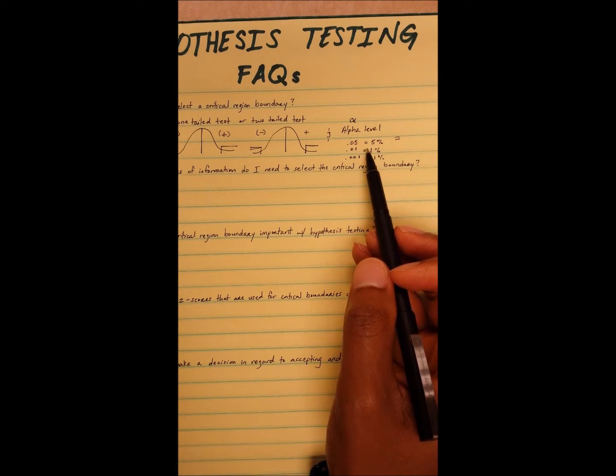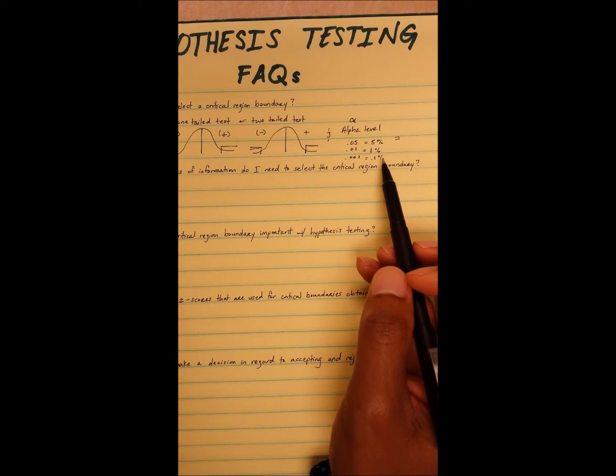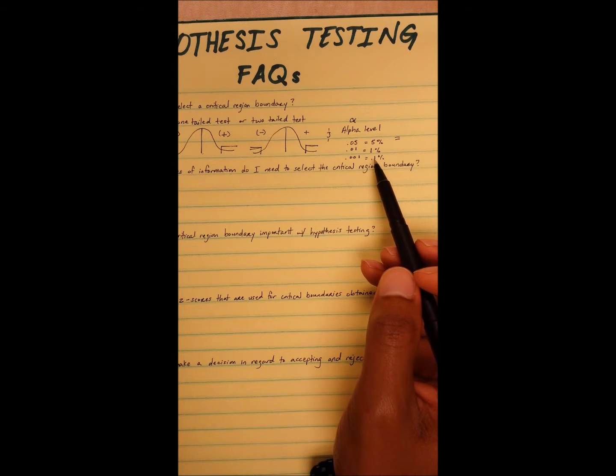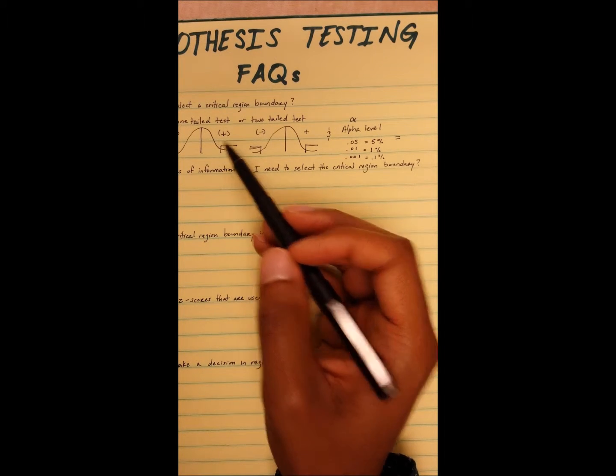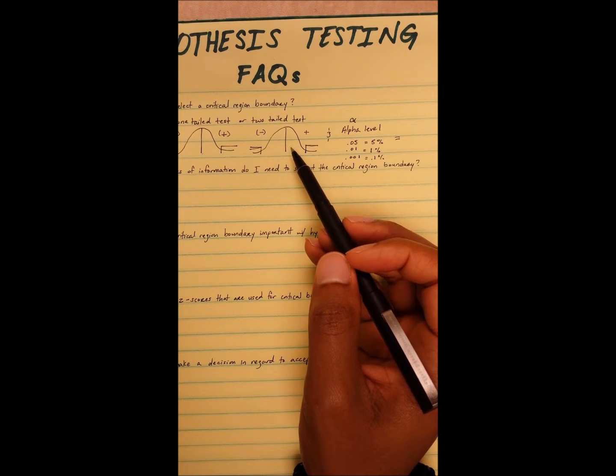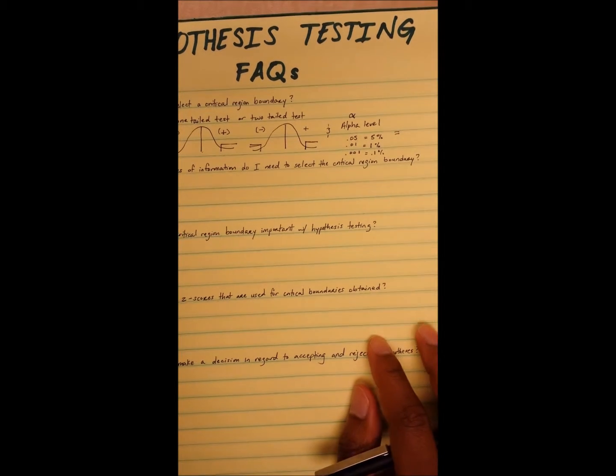And there are certain z-scores that represent these particular alpha levels for one-tailed test as well as for a two-tailed test. Okay.